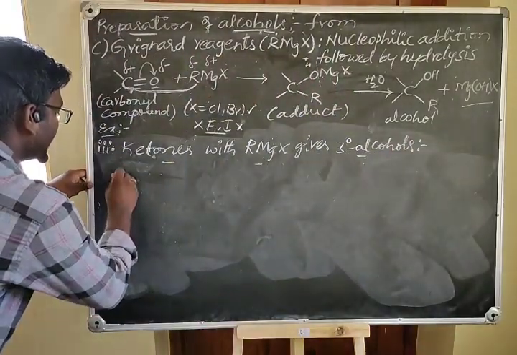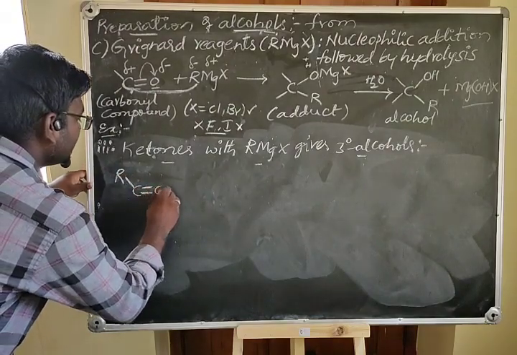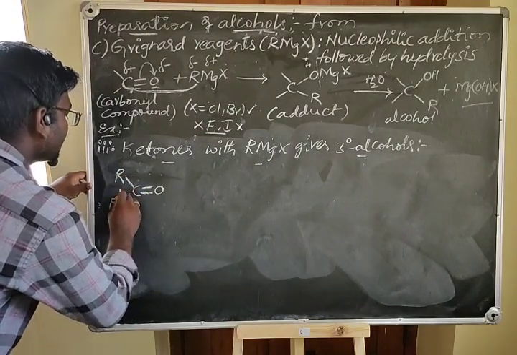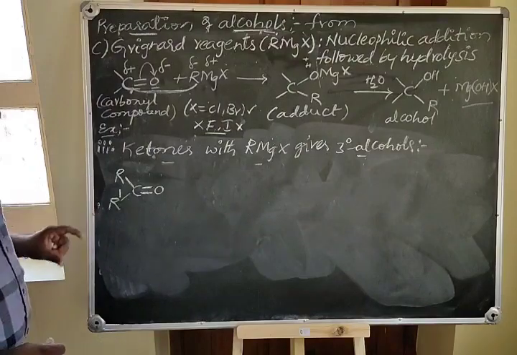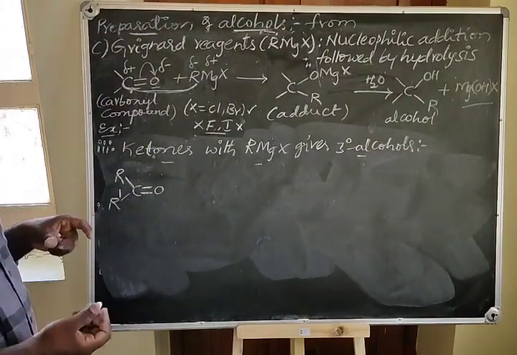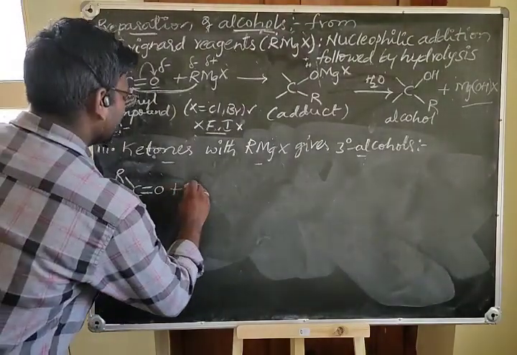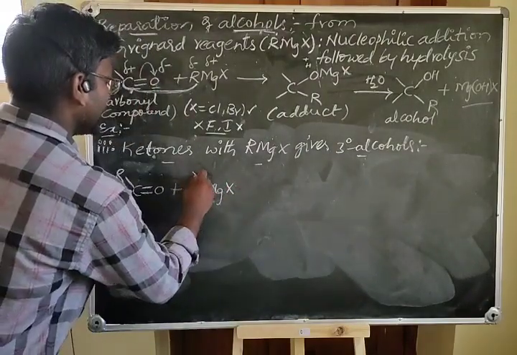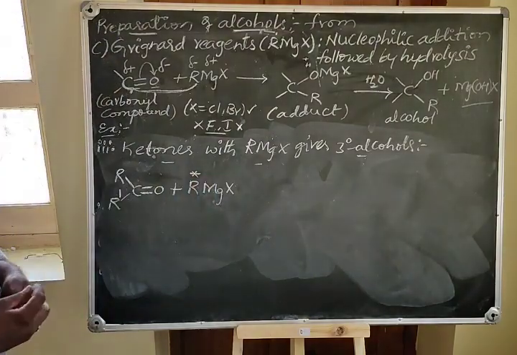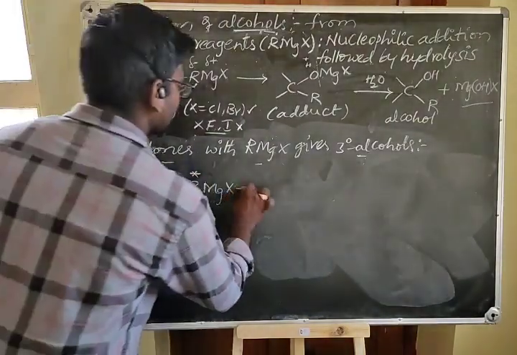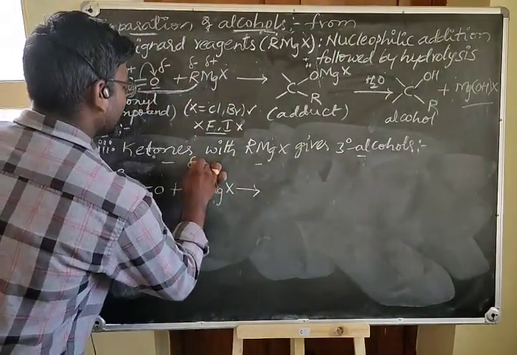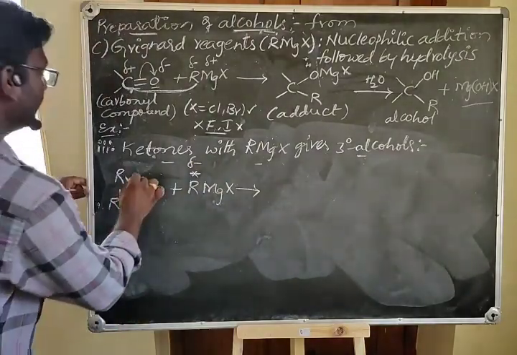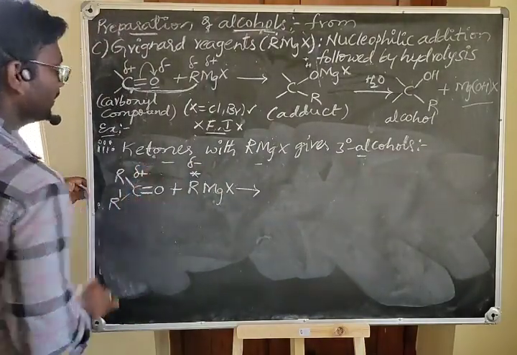Ketones are represented like this: R–C double bond O–R dash. Here R and R dash may be the same or different alkyl groups. Take the Grignard reagent again, and let's mark its alkyl group as R star. Here this is the electron rich alkyl group, and this is the electrophilic carbonyl carbon.